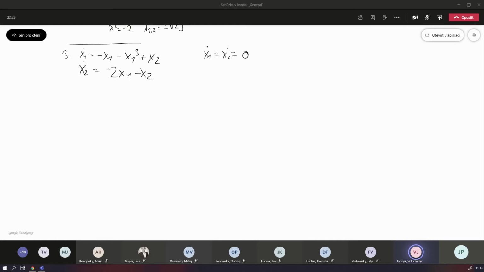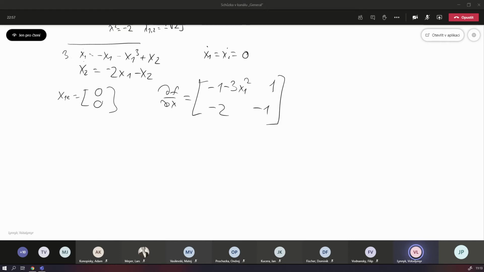Okay, and now we know that x equals 0, 0, and the Jacobian df/dx equals minus 1 minus 3x1 squared, 1, minus 2, and minus 1.